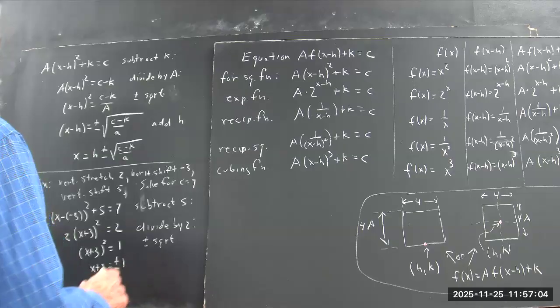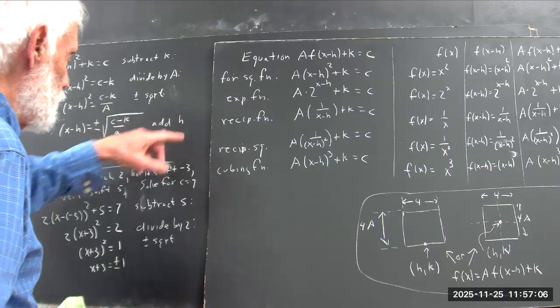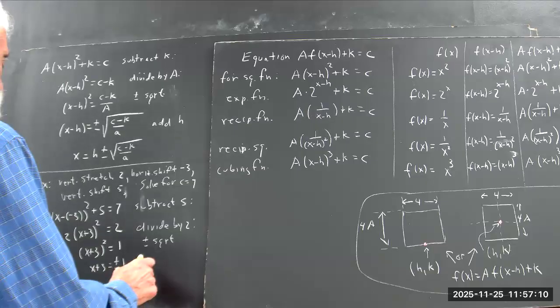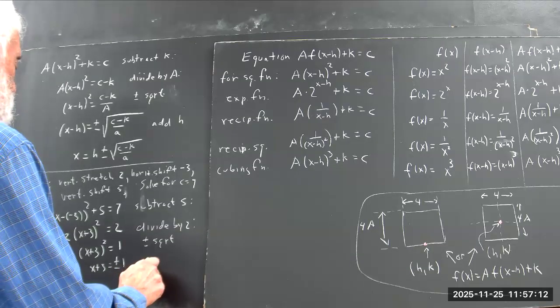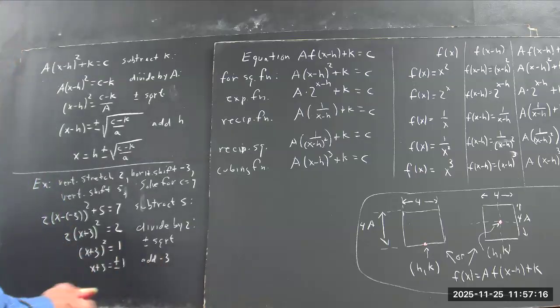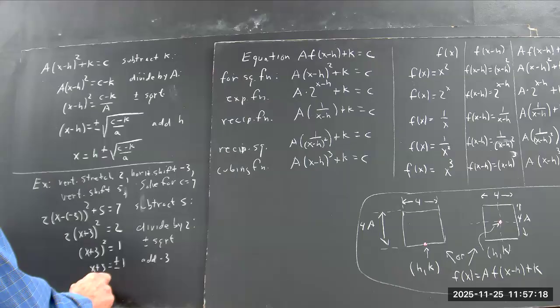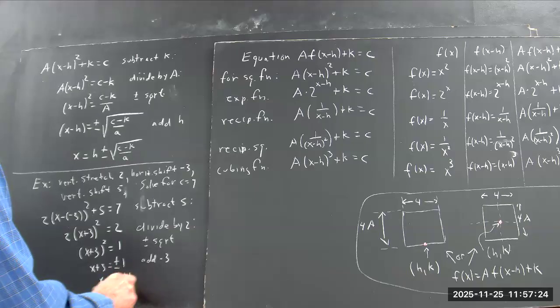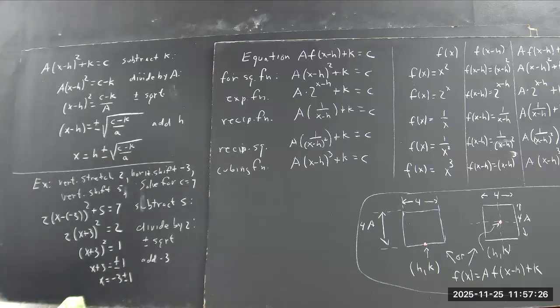Then here I say you add h. So I'm going to add -3 to both sides. We get -3 plus or minus 1.